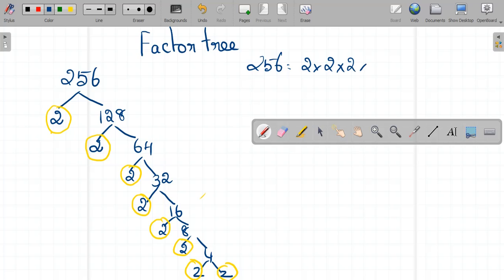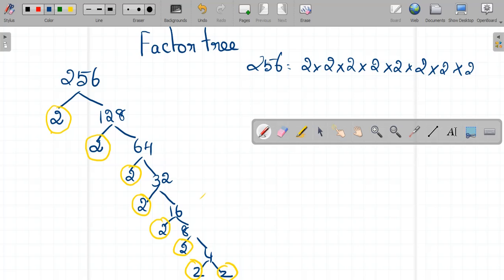So it is 2 into 2 into 2, like this 8 times, right? 2, 4, 6, 8, 8 times. So a factor tree is actually a diagram which represents the given number as a product of its prime factors.